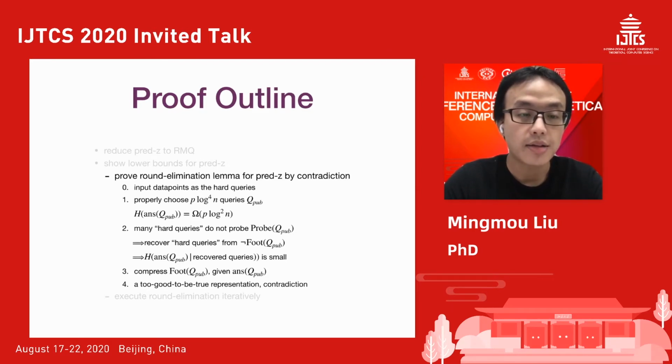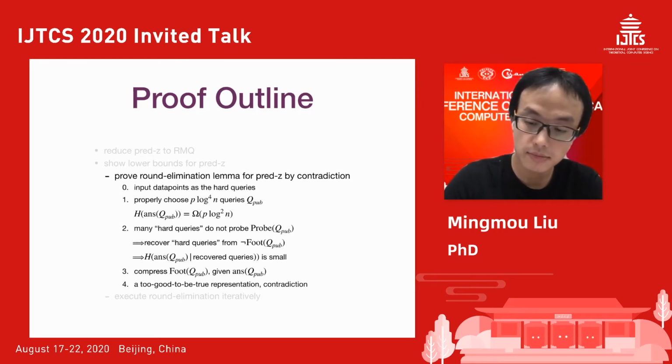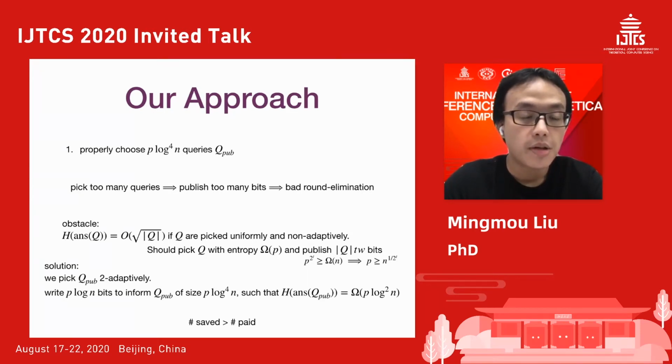Keep in mind that the answers of QPub have to have at least p bits of entropy. Otherwise, we cannot obtain a too good to be true representation by assuming that many hard queries do not probe the cells probed by QPub. Picking a good set of queries is not an easy task under our distribution.